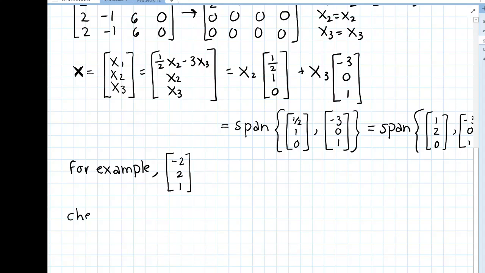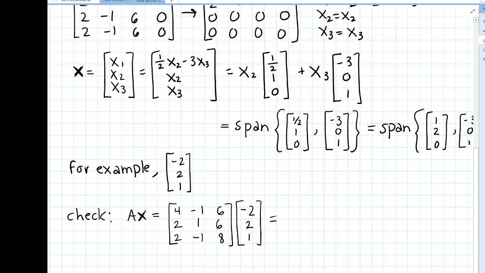So we can check that it works by taking our matrix A and multiplying it with the x that we came up with. The matrix A that we started with was 4, -1, 6, 2, 1, 6, 2, -1, 8. So if we multiply that with -2, 2, 1, our first entry is going to be -8 minus 2, so that's -10, plus 6, so that's -4.